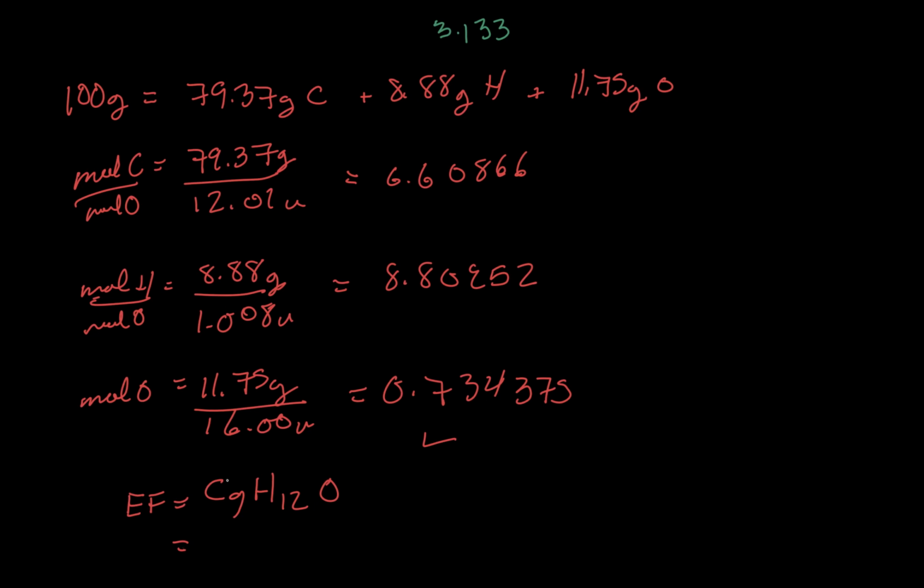That's 9 times 12.01, so I'm just going to write these as I calculate them. 108.09 plus 12 times 1.008, that's 12.096, plus 16 for oxygen. Okay, that gives us a formula weight for the empirical formula of 136 and change, 136.186.